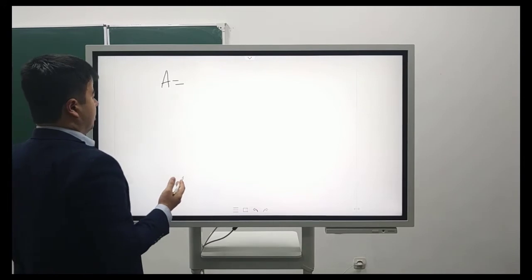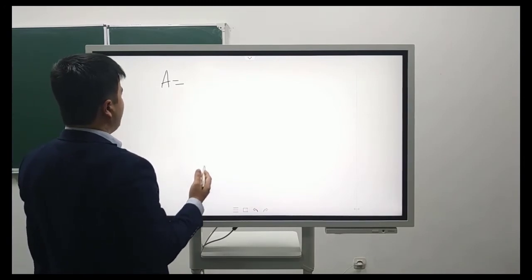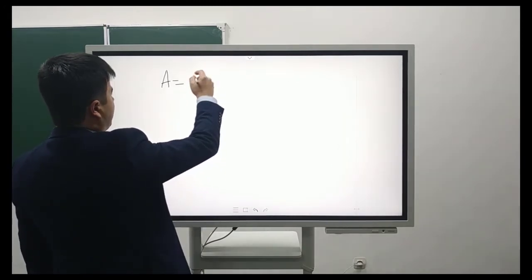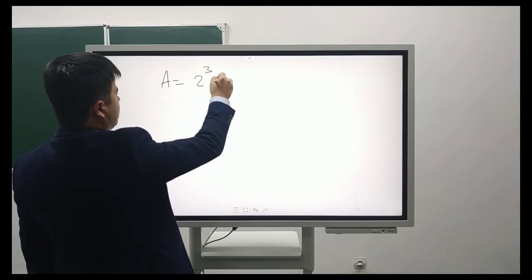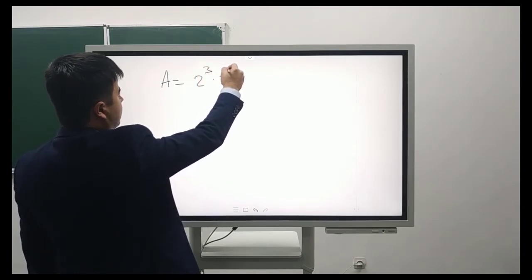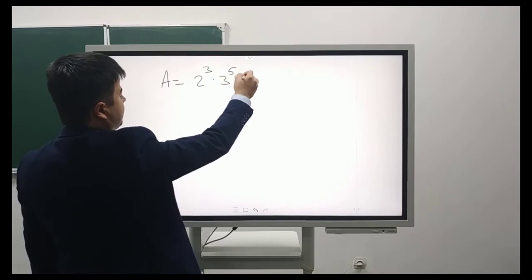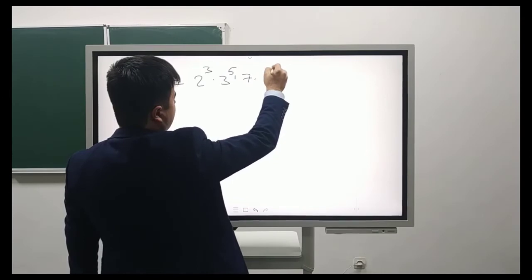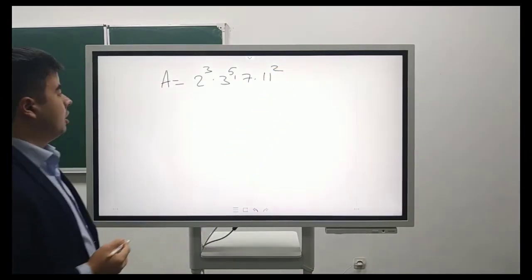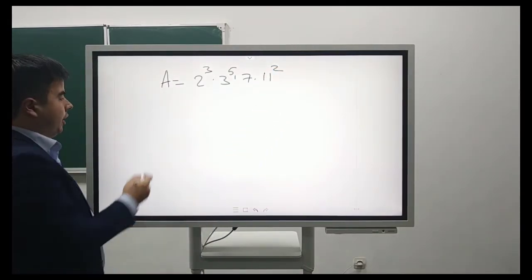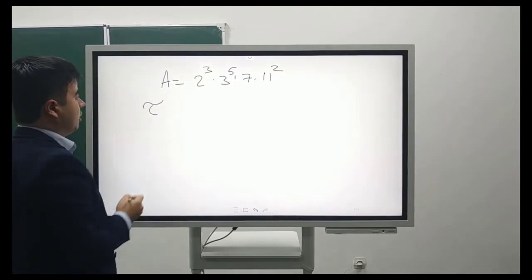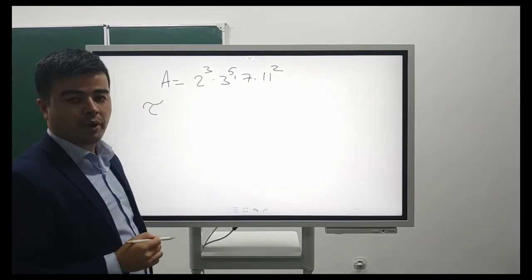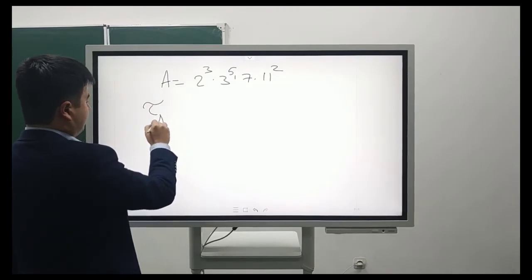For example, number A, any number which has divisors, for example, 2 cubed, 3 to the fifth degree, 7 and 11 squared. And here we need to find tau, the number of divisors of A.